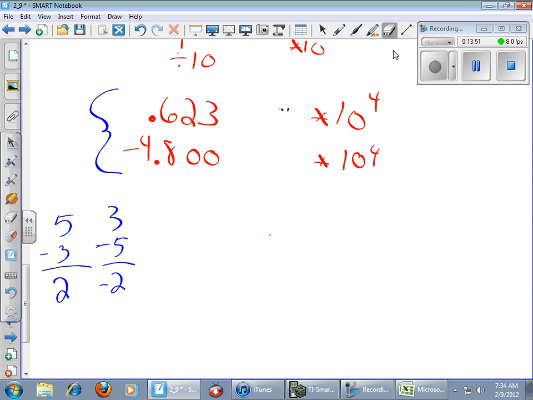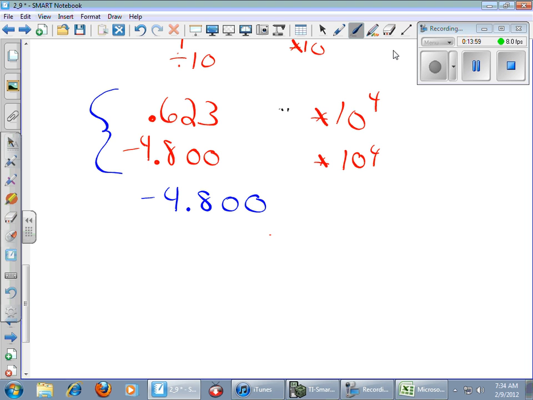So I can go ahead and rewrite this as a negative 4.800. In fact, I'm going to do this. I'm even going to move the negative onto the 0.623. I'm going to subtract, but when I do, I'm going to make sure that I get a negative answer because the 4 and 8/10 is bigger than the 6 and 23/100, or thousandths, excuse me.